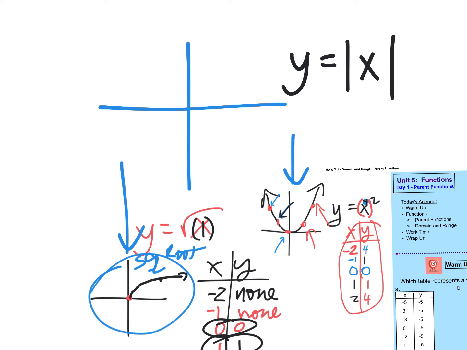If I wanted to, I could make an XY chart, but I'm not going to because it's just super easy. If you put in 1, you get absolute value 1, which is 1. You put in 2, absolute value 2 is 2. You put in -2, the absolute value of that would be 2, so -2 comma 2 is one of the points. This is where your dots would end up if you made an XY chart.